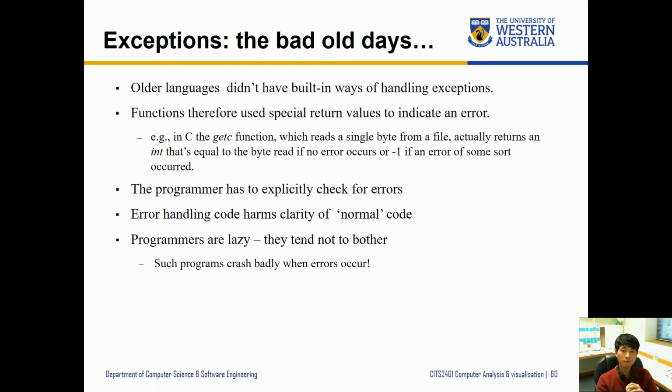Okay, so that's the old style. If we go even older, they didn't even have a built-in way of handling exceptions. So you had to do manual capture of exceptions, and functions therefore used special return values to indicate an error.